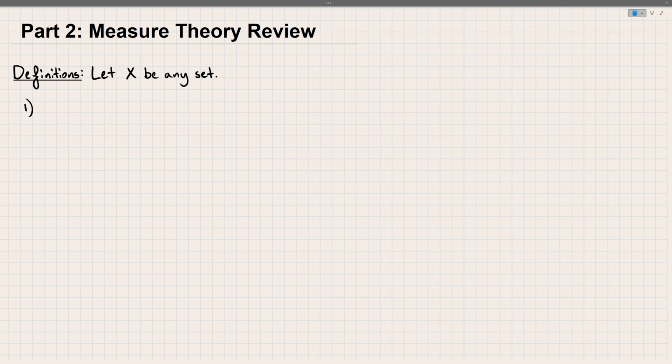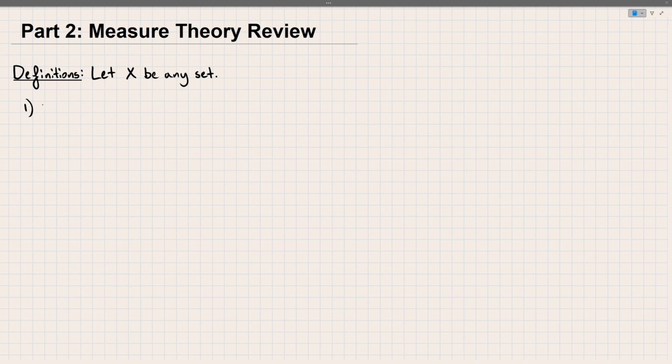We're going to start our review of measure theory with a definition. You've probably seen it before, but I just want to refresh your memory, and that's the definition of a power set. For these definitions, we're going to let X be any set, finite, infinite, countable, whatever.